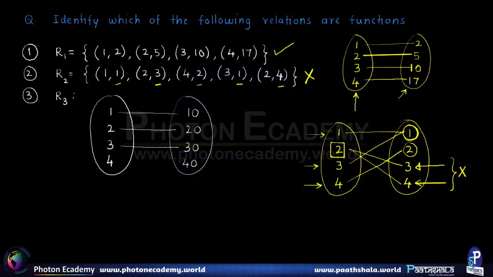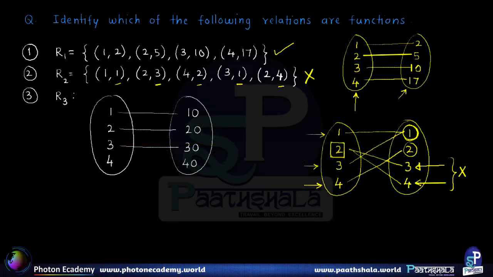And lastly, let us see the third question. Now here the diagram is already given to us. Here we see that there is a 1-to-1 relationship between 1, 2, 3 and respectively 10, 20, 30. Now whatever elements are in relation have a unique image, so that is satisfied.